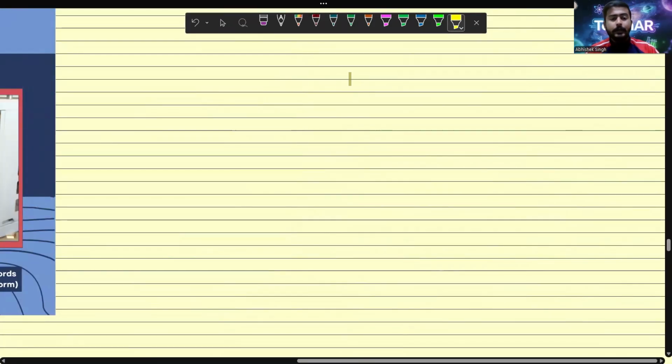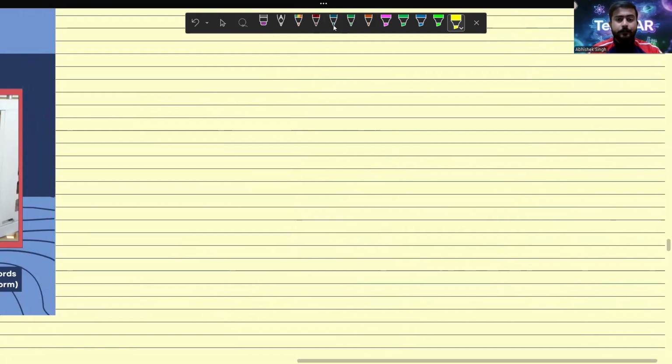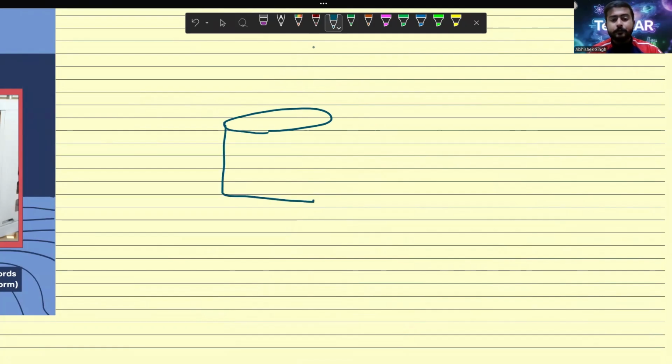Now this is a very conceptual sentence framed by Archimedes. Let us suppose we are taking a container. In this there is a fluid. This is the level of the fluid.